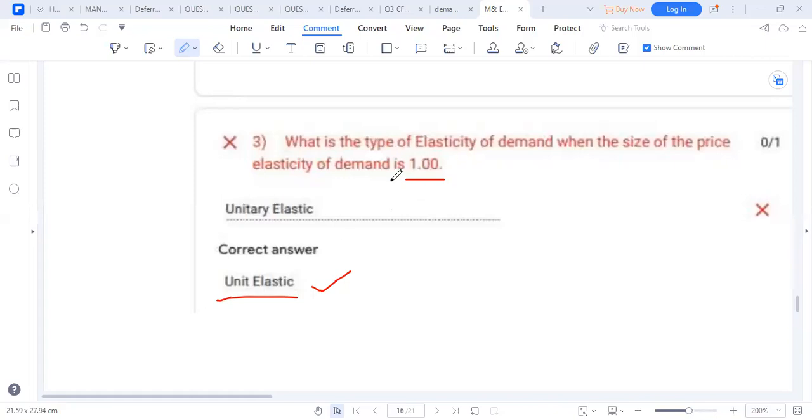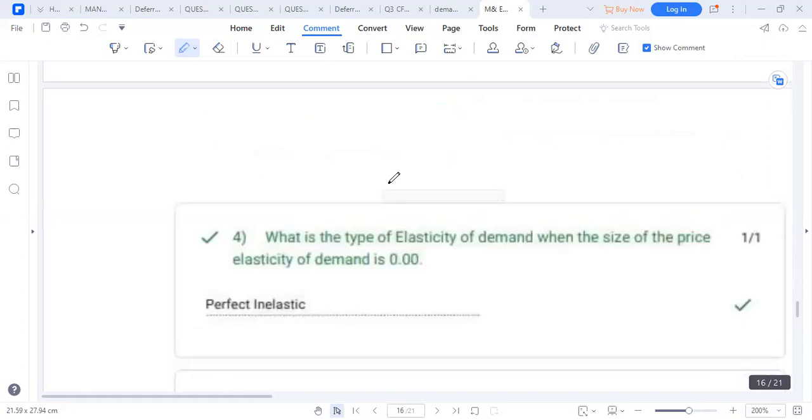I mentioned that. All right. So what type of elasticity is it when it is 0? It is perfectly inelastic. If inelastic, the graph is like this. So here elasticity of demand is 0.